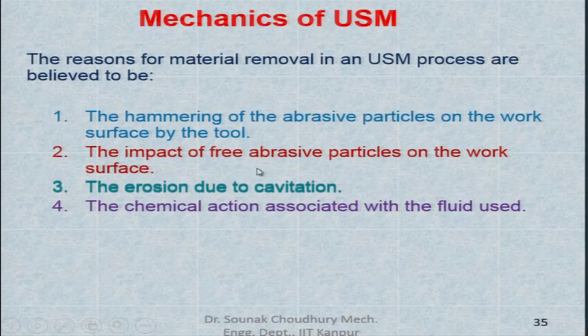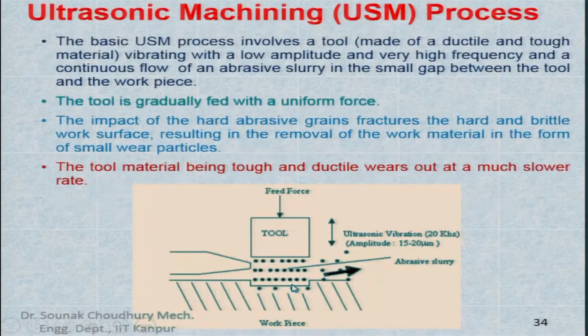Second, the impact of free abrasive particles on the work surface. Third, the erosion due to cavitation, which means each particle is cavitated in the space here, and this creates erosion of the material.